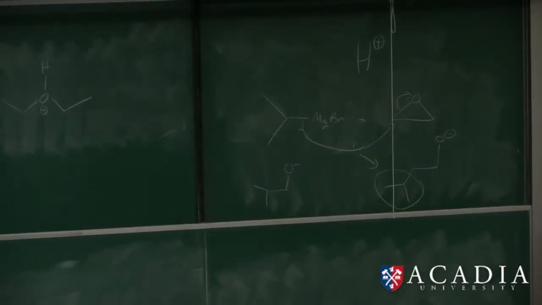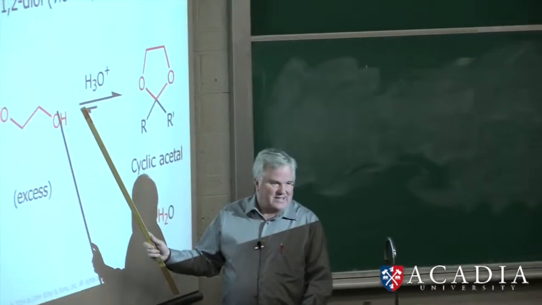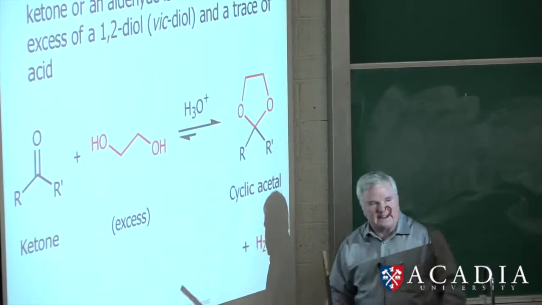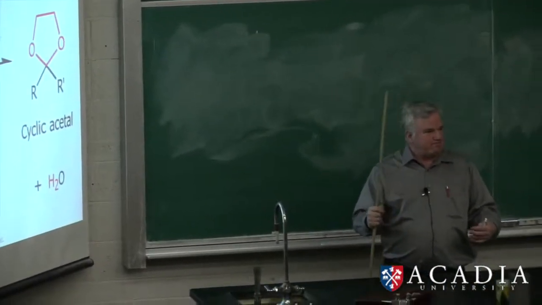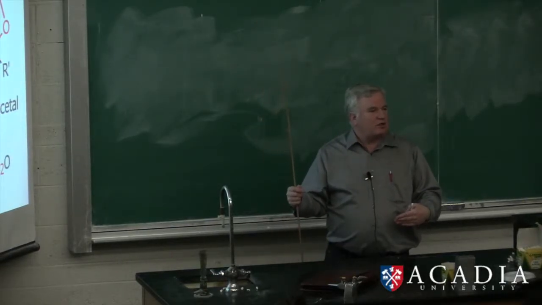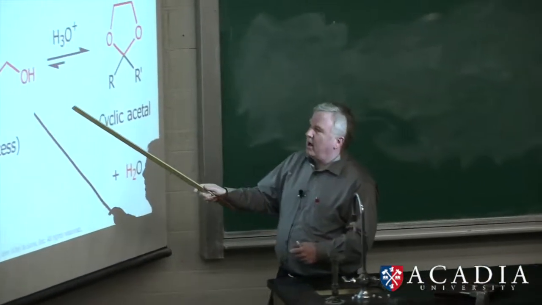Cyclic acetals. If we react this ketone with this compound, we have 2 alcohols here. They just happen to be on the same molecule. So the mechanism is exactly the same, and this is a question where we've gone through this mechanism. I might throw this on an exam. We're not going to cover it specifically, but you guys should be able to get there because it's just 2 alcohols. They happen to be on the same molecule.